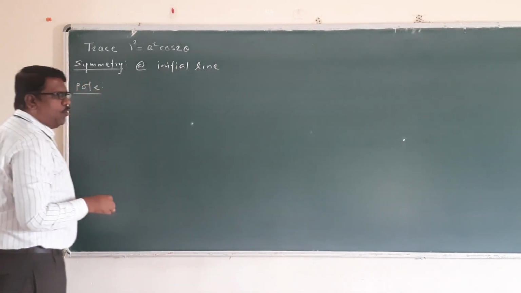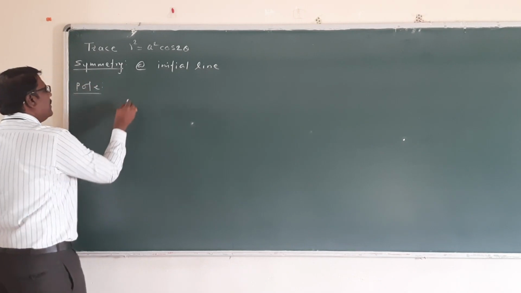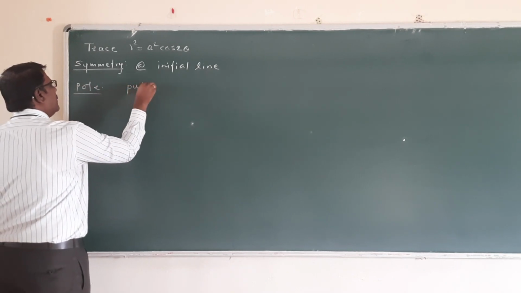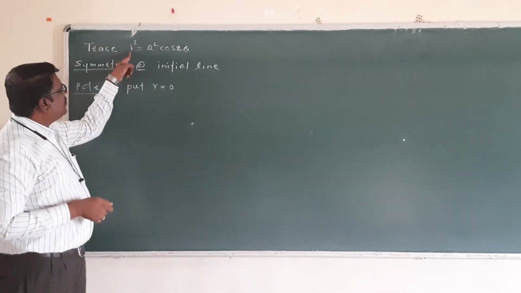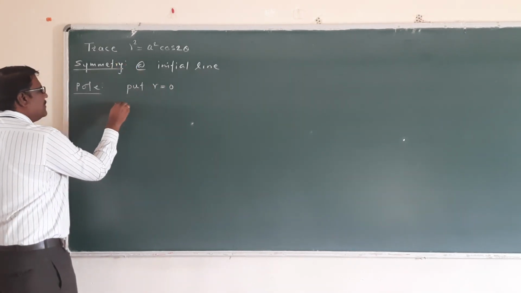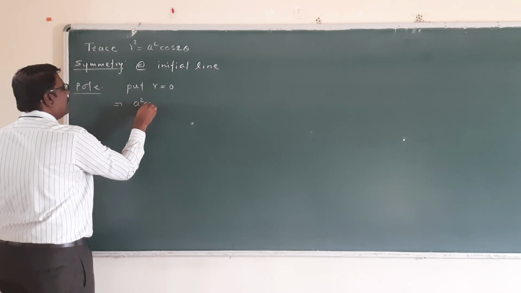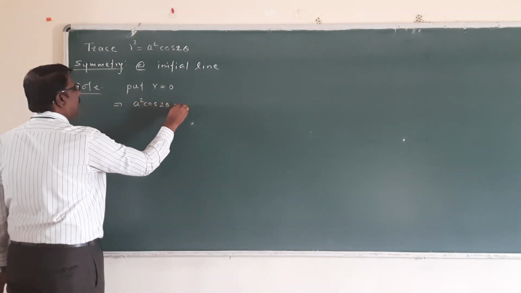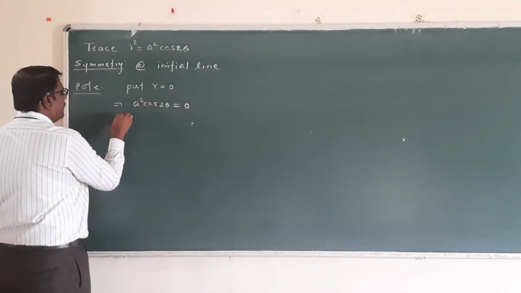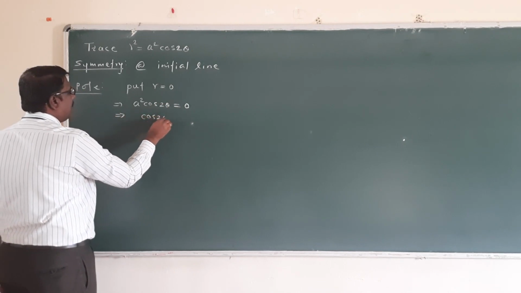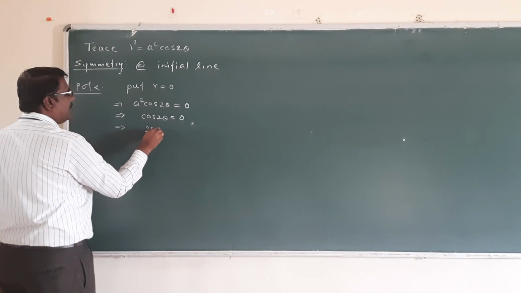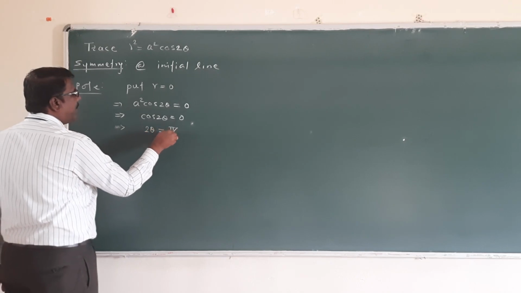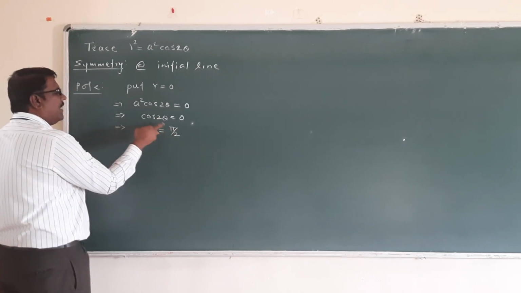For getting the pole in the polar system, put r is equal to 0, and when r is 0, r square is 0. So this implies a square cos 2 theta is equal to 0, which implies cos 2 theta is equal to 0, which implies 2 theta is equal to pi by 2, because cos 90 is 0.